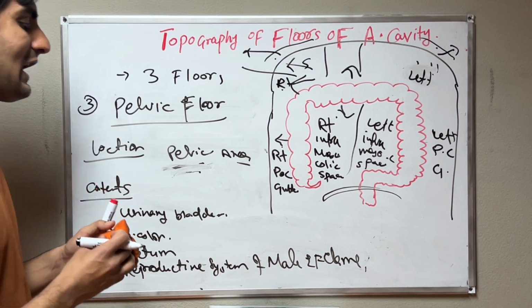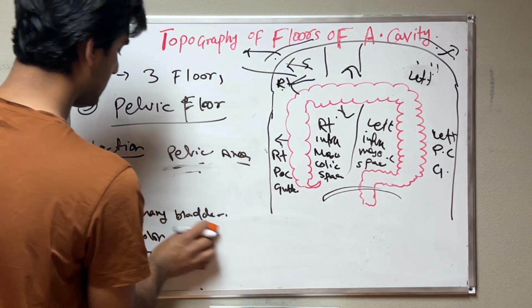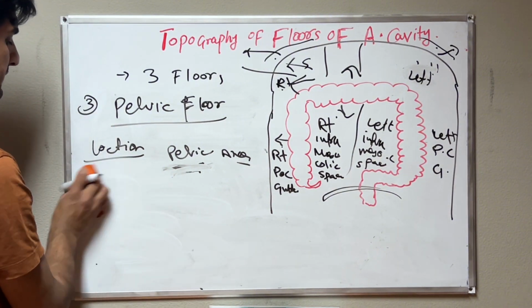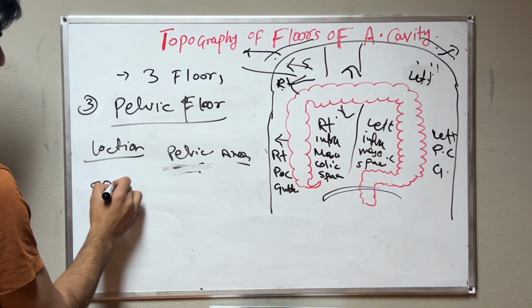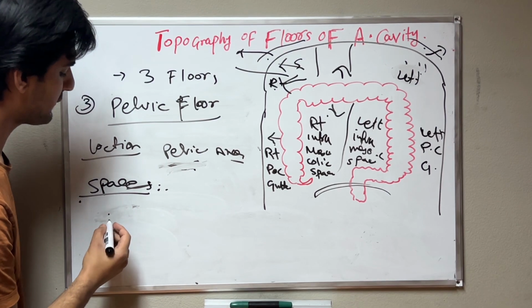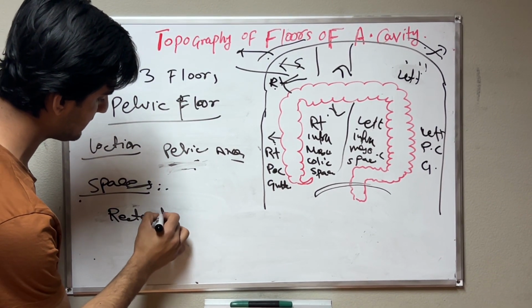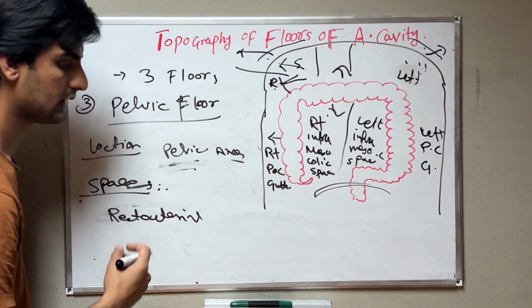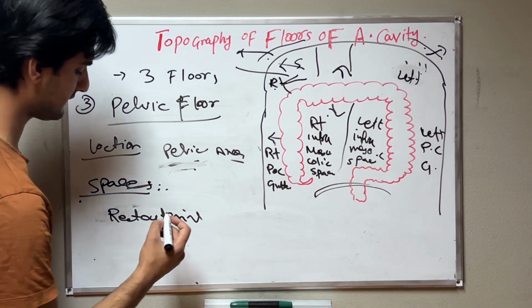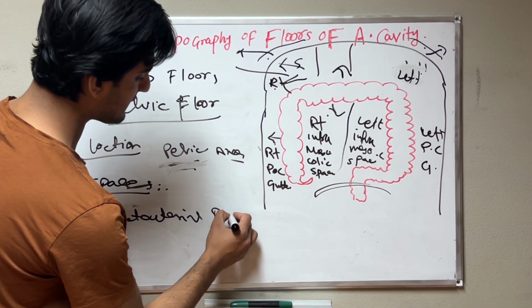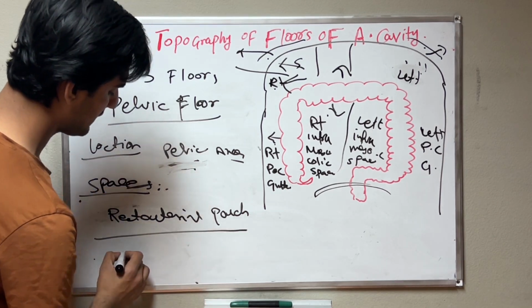Now we also have some spaces. If you talk about spaces in the pelvic floor, we have the recto-uterine pouch. This is also called the pouch of Douglas, the recto-uterine pouch, in females.